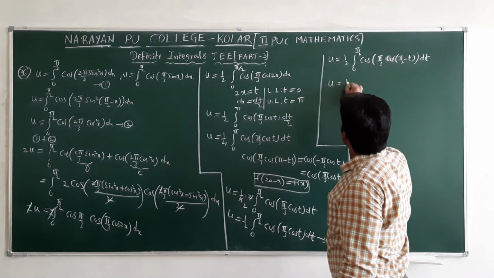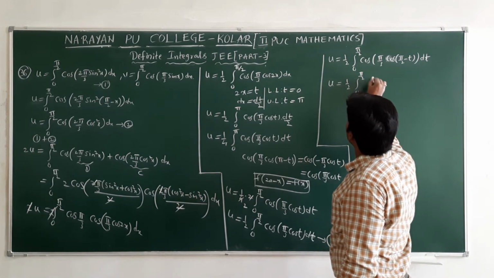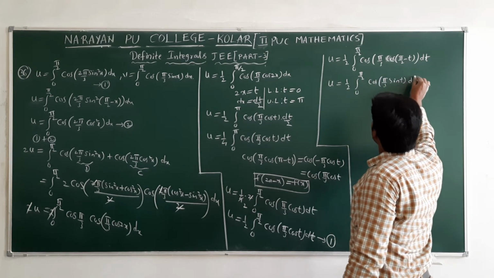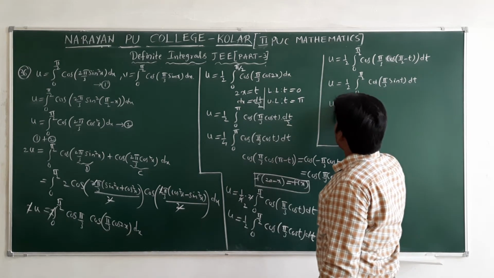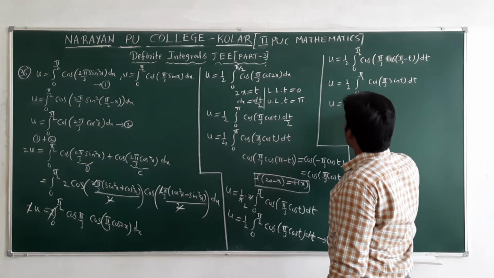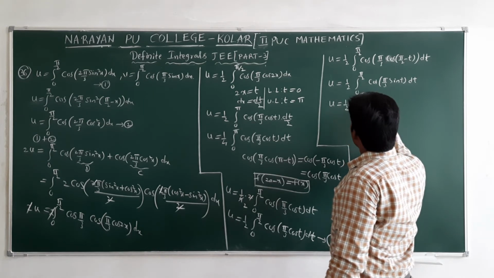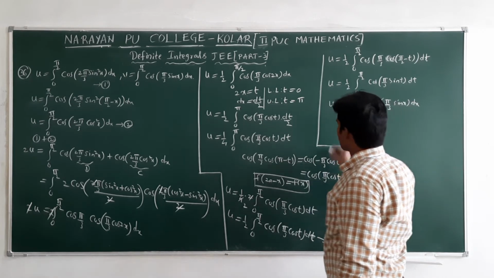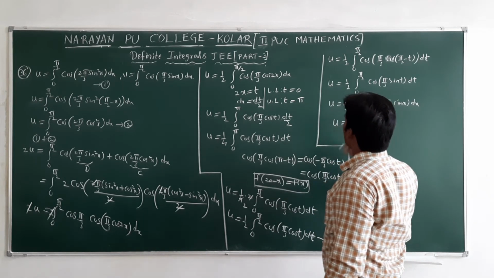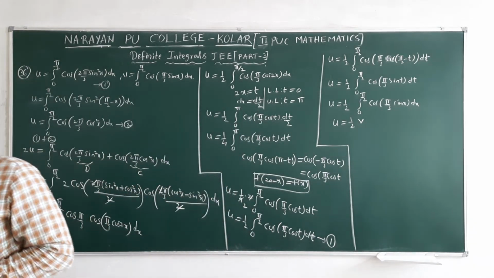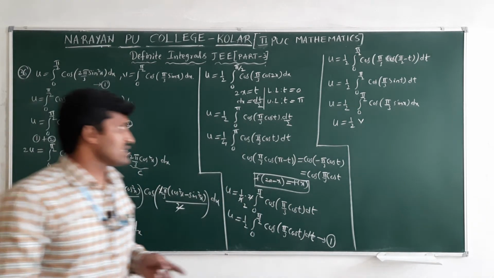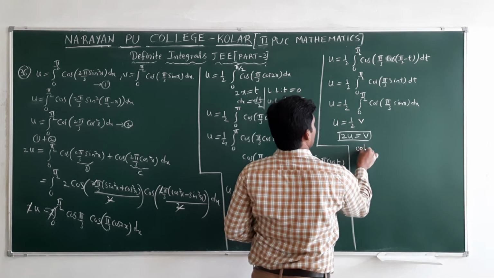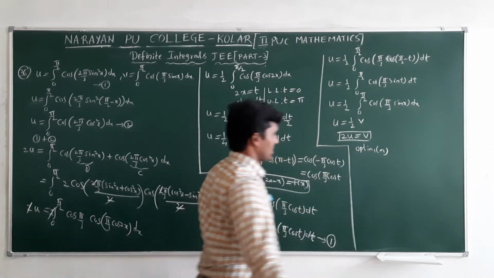Now here u equal to 1 by 2 into integral 0 to pi by 2 cos of pi by 3 into sin t into dt. Now the limits have become the same, that's why t symbol is replaced with x, dt replaced with dx. u equal to 1 by 2 into v, now check in the options once. 2u equal to v is there, that is option A is the correct one.